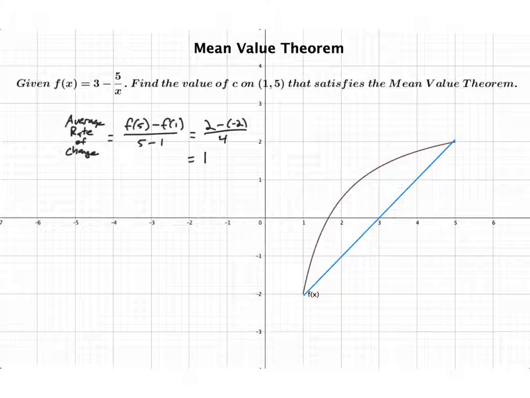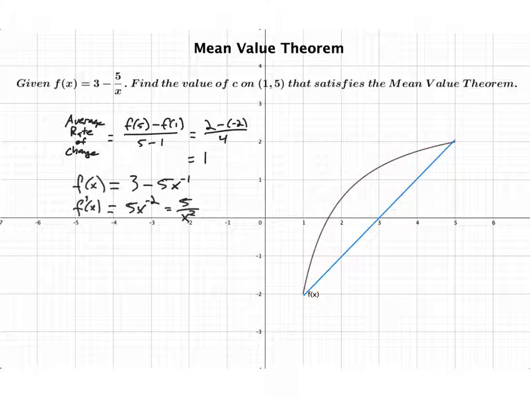So here is our calculation for our average rate of change, the slope of the line connecting the endpoints of the curve on the interval, and it's equal to 1. Next, we're going to find the derivative of our function.